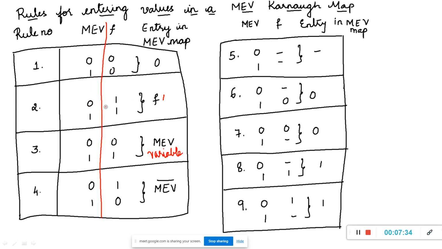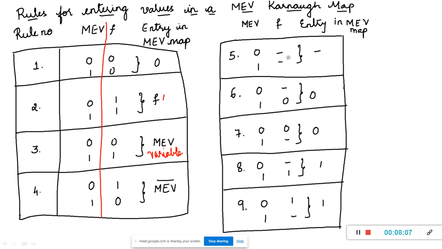If the function is having both 1, then the entry will be 1 only. If the MEV variable and the function value are the same, then the entry will be the MEV variable only. If the function is a complement of the MEV variable, if it is 0, this is 1, if this is 1, this is 0, so the entry in the MEV map will be MEV bar. If it is D, it will be D bar.